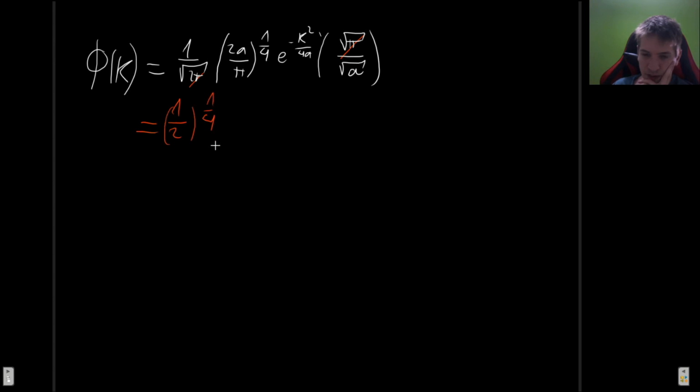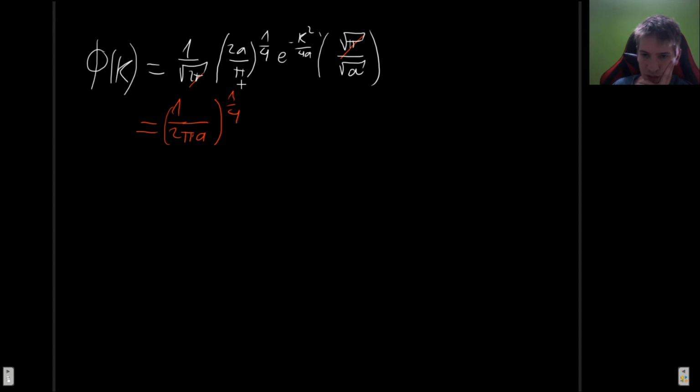And well, there's still that pi, so we actually should put it in here, so together, we get 1 divided by 2 pi, 1/4 power, and then we have this a to the 1/4, and there's this divided by a. So, well, I'm just going to put it all together because there's now also an a that is to the 1/4 power. We get 1 divided by 2 pi a, 1/4 power.